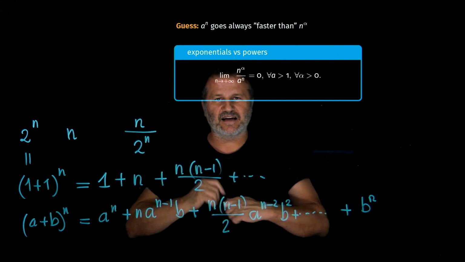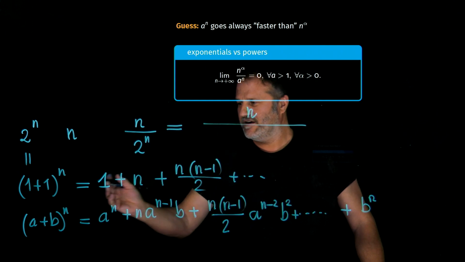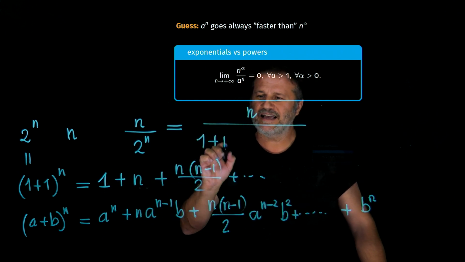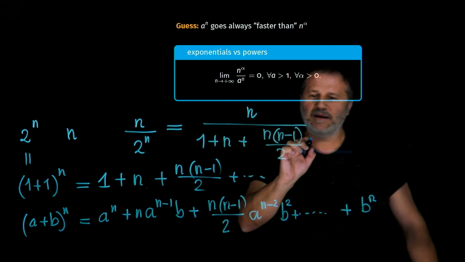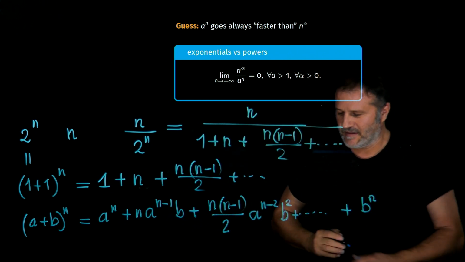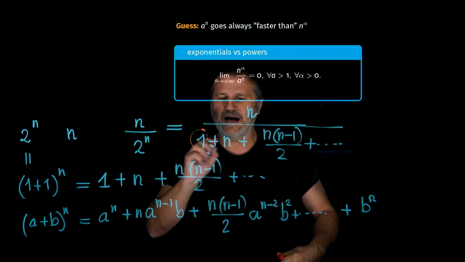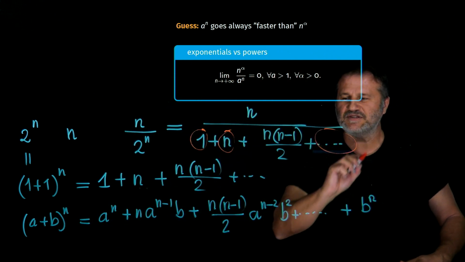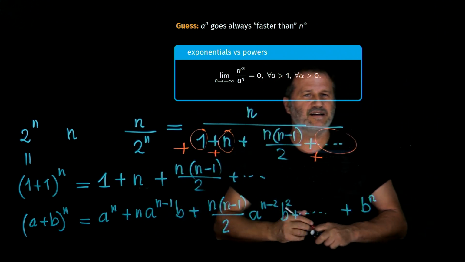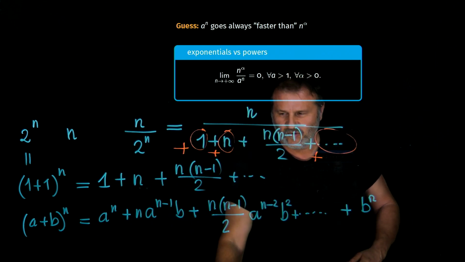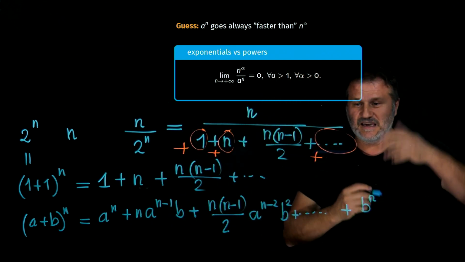So this gives the idea of what we have to do, because if we write this fraction as n over, we copy this, 1 plus n plus n times (n minus 1) divided by 2 plus many other terms. We notice that since 1, n, and all terms here are all positive, if we just eliminate them, we reduce the denominator, and this means that we increase the fraction.